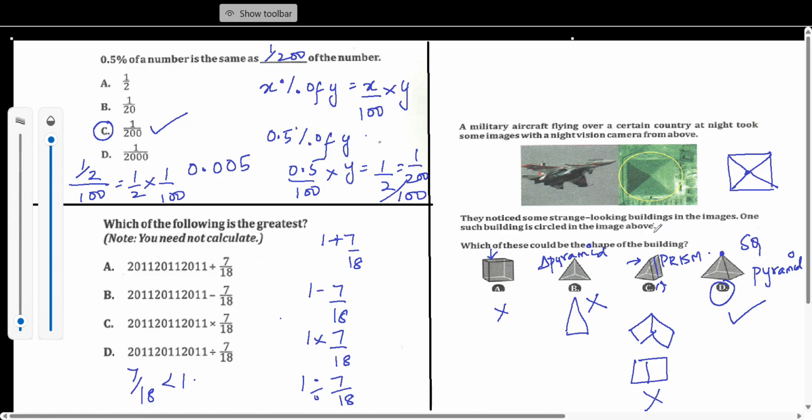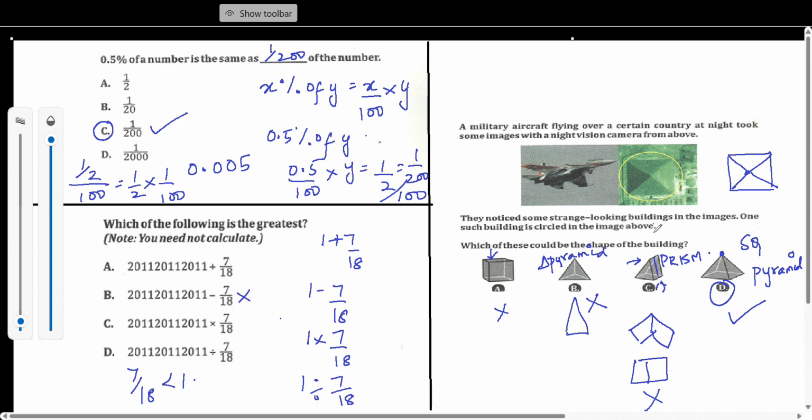So A will give you some value that is a little more than this 12-digit number. B is subtraction. Clearly, you're subtracting a positive value, although small, from this. So, B will definitely be lesser than this 12 digits. So, of A and B, clearly A is bigger. That rules out B from our list.